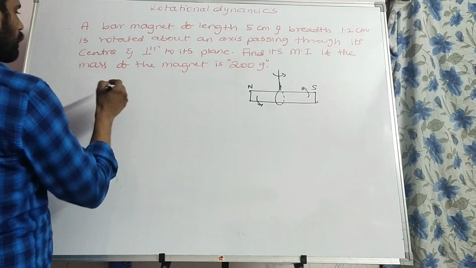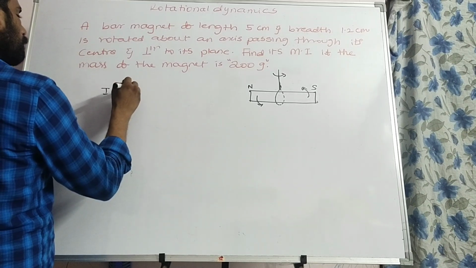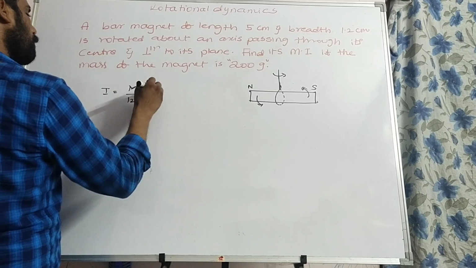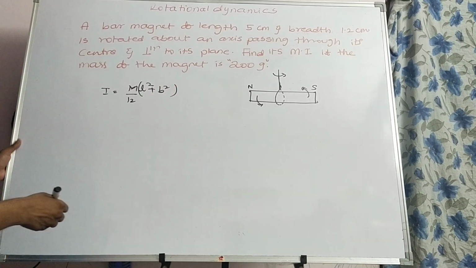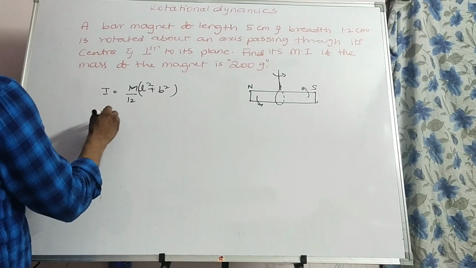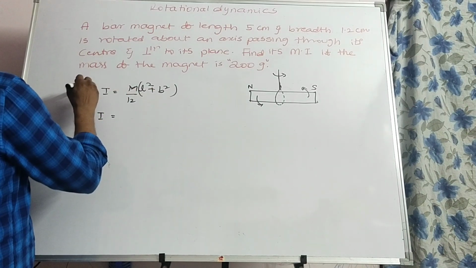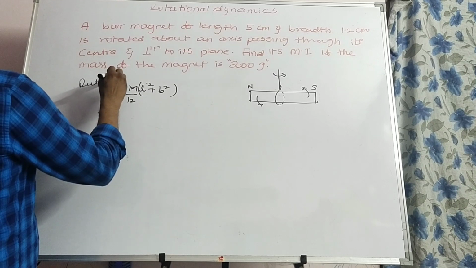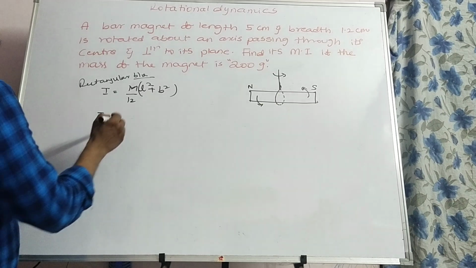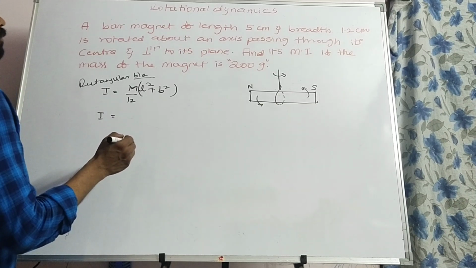Now for a rectangular bar magnet, I is equal to M by 12 into L square plus B square. That is the expression for the moment of inertia of a rectangular block.